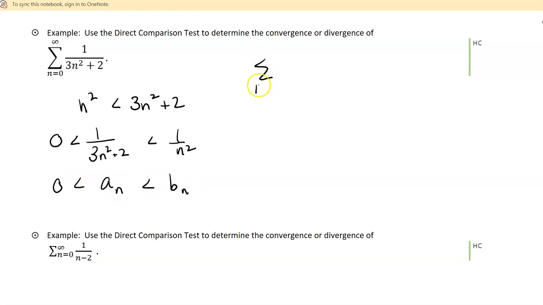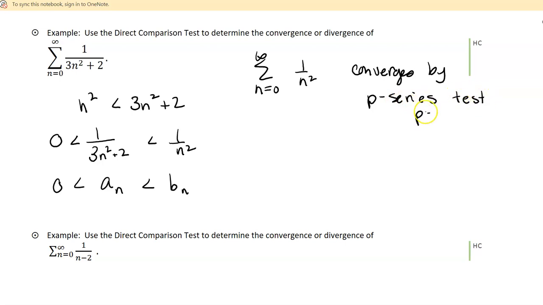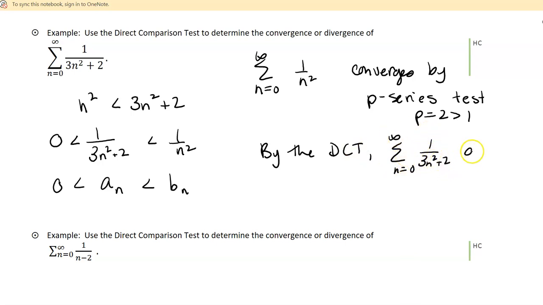So we have a larger series, 1 over n squared. This is a p series, which converges because p is equal to 2, which is greater than 1. So by the direct comparison test, the sum from 0 to infinity of 1 over 3n squared plus 2 also converges.